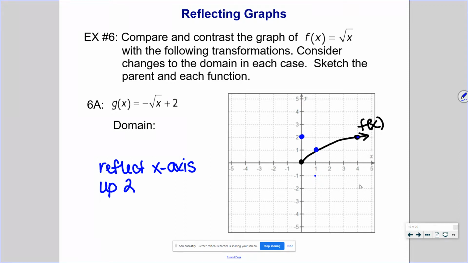And then my third point, if I reflect it, would move down here, and then up 2 is going to take it right to the x-axis. Then I'm going to try to draw my graph as best I can. And this one is g of x. The added step is we're finding the domain of our new function, and remember domain is x values. So this one appears to start at the x value of 0 and goes to infinity.